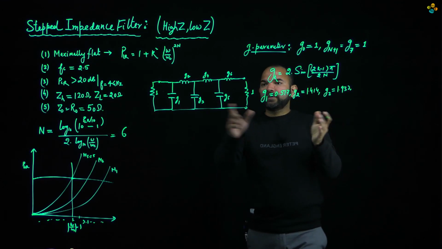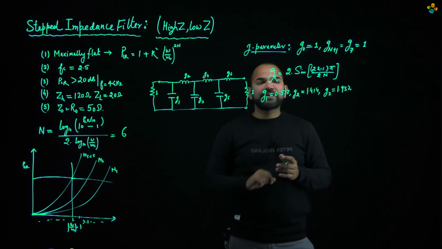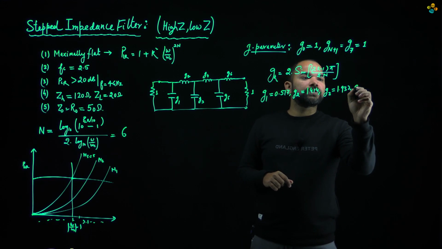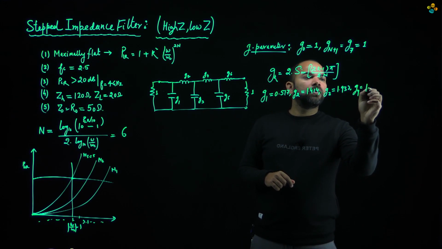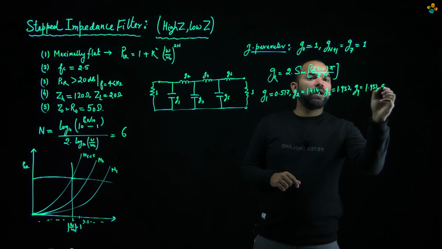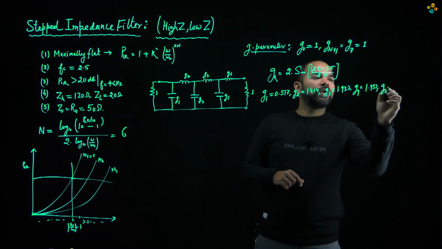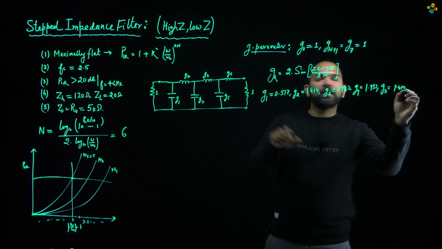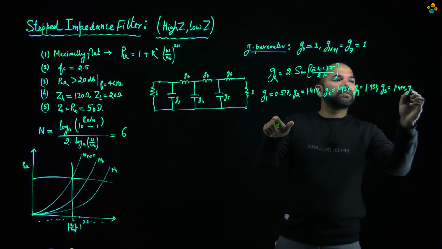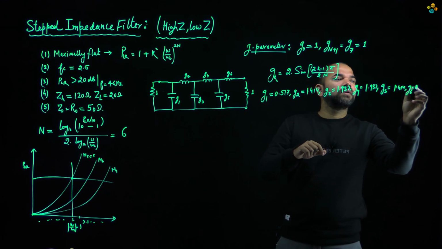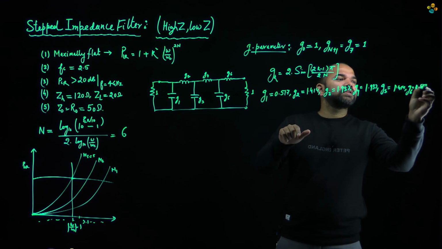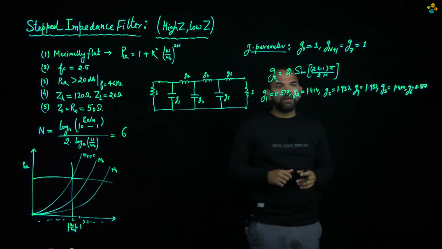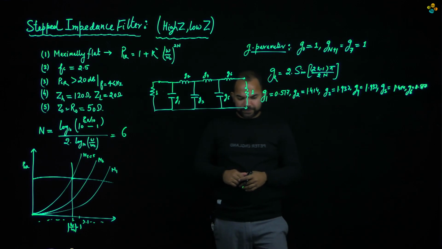We know that these filters have a symmetry, so G3 is going to be equal to G4, 1.932, and G5 is equivalent to G2, so 1.414, and G6 is going to be the same as G1, 0.517. Okay, so here we have the G parameters.